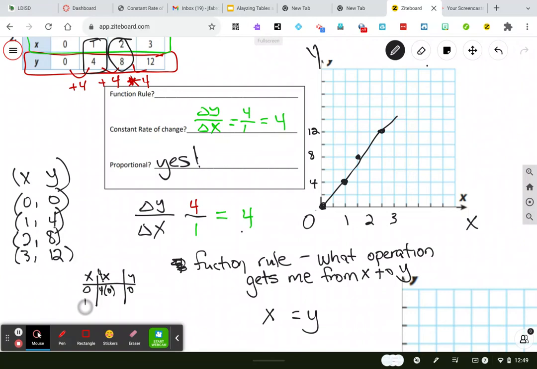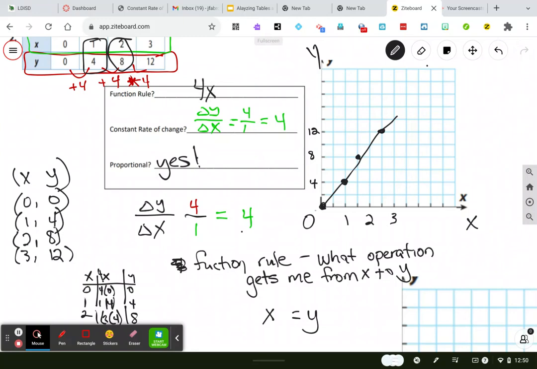And if I take 1, so 1 times 4, I'm going to get 4. If I take the 2, 2 times 4, that's going to give me 8. And 3 times 4 is going to give me 12. So my function value is 4x.